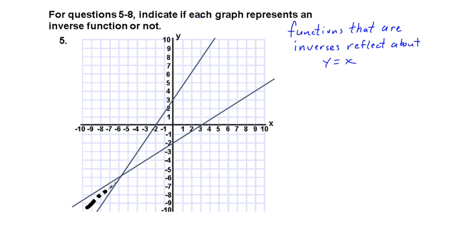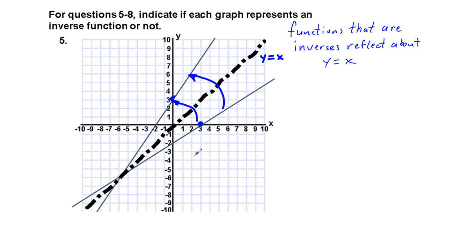Okay, I'm going to draw the line y equals x right here like this, dotted. That's about as good as I can get it. That's going to be y equals x. And you can see, I hope, that these lines are reflections of each other about the line y equals x. Notably, the x-intercept of 3, 0, its inverse is the y-intercept 0, 3.